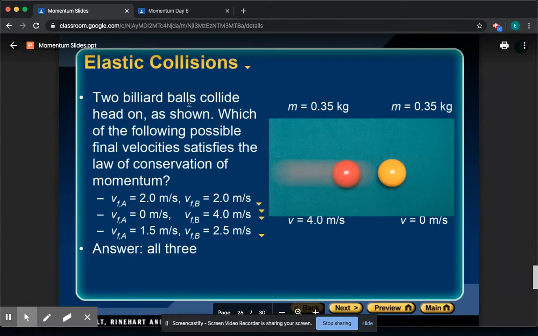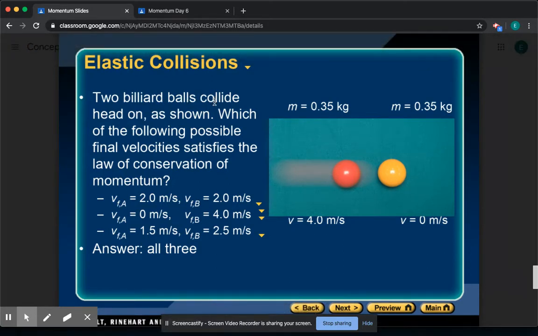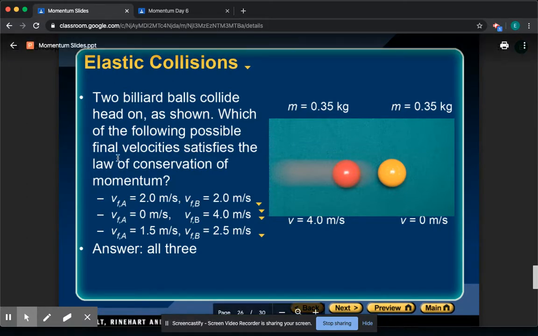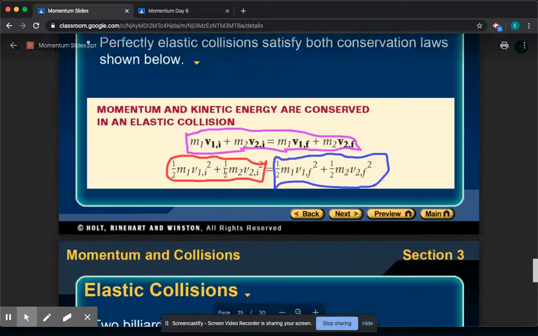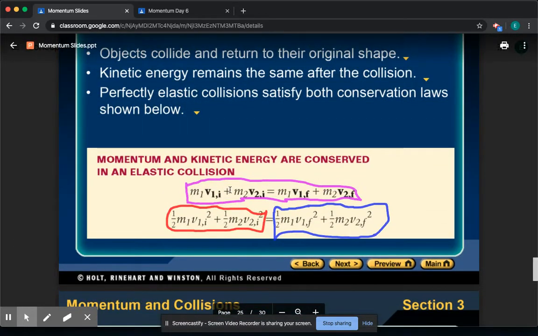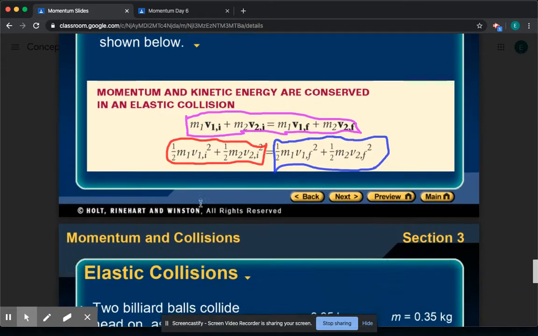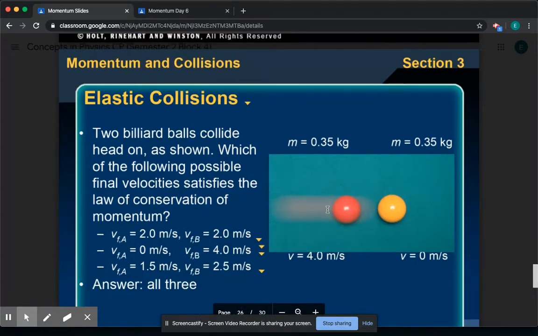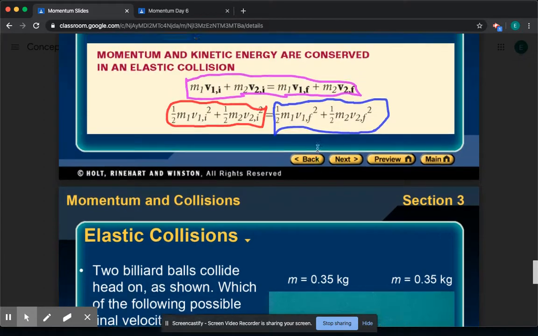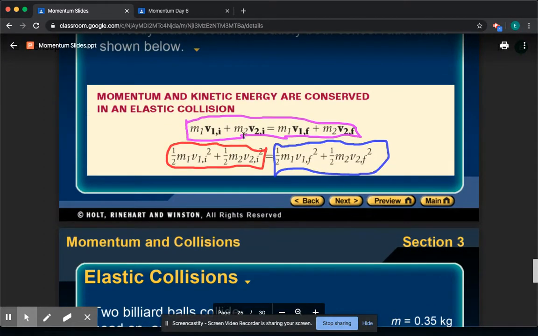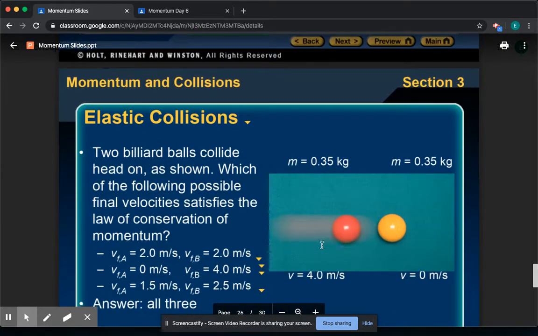So here they're saying two billiard balls collide head on. As shown, which of the following final velocities satisfies the law of conservation of momentum? So this is focusing on this top equation right here. Note the mass of both balls is the same, so M1 and M2 are equal.